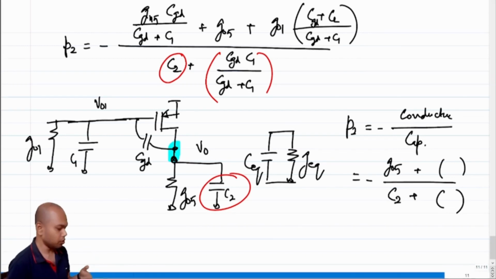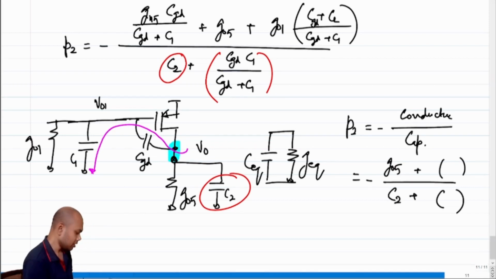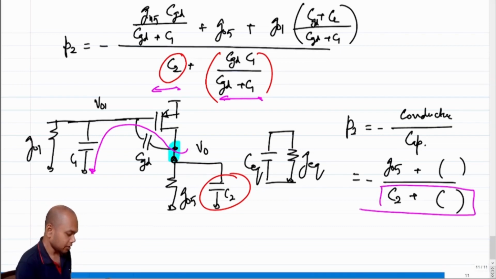Looking from V0, do you see any series combination of CGD and C1? We can see it, right? It looks like there is a series combination of CGD and C1, and that is what appears in the denominator. We have C2 and we have this, right? So the denominator makes sense.